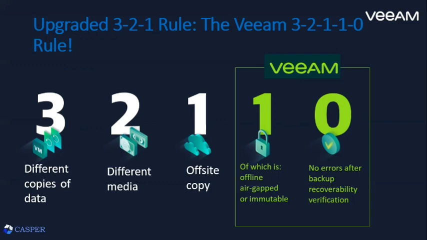So the idea behind immutable backups is that you're either making use of things like tapes, or you're using a hardened Linux repository, so it makes it difficult for changes to be made to the backups that you have taken.